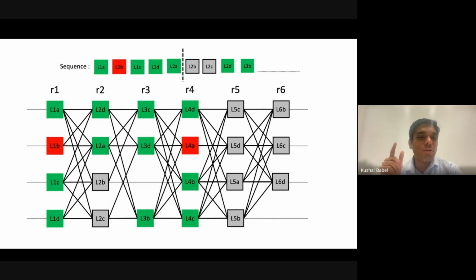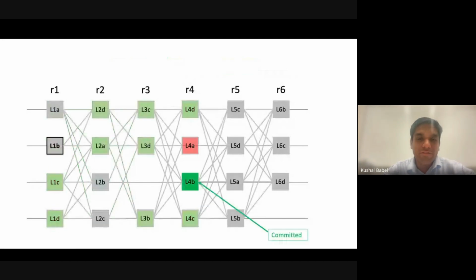But for round 2, round 3, round 4, the future rounds, we kind of do need this sequence. Because as we saw, we are all going to the first leader. So if you see here, we needed the sequence between L4A and L4B in order to see which one is going to help us decide L1B, right?